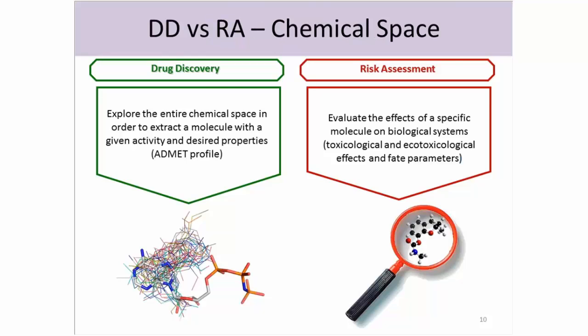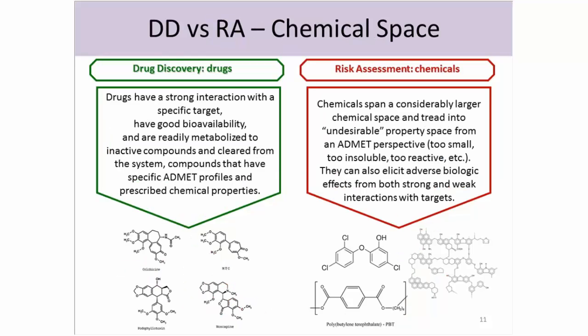The other main difference is the chemical space. When we are talking about drugs, the chemical space is the drug chemical space, which is well defined, because drugs must have certain properties to be absorbed by the body, to pass all the biological membranes, and to reach the point in your body where the receptor is.